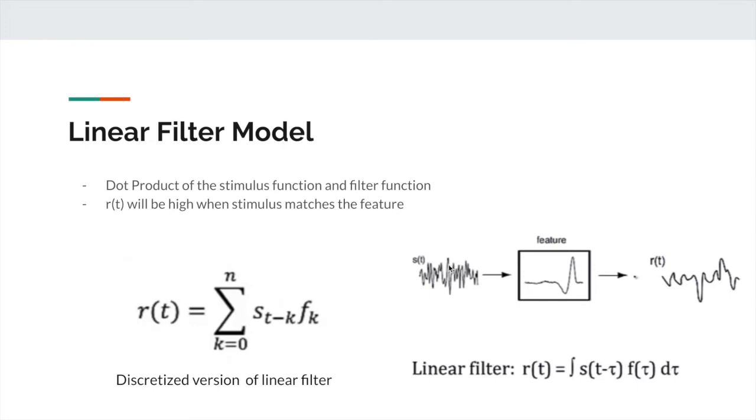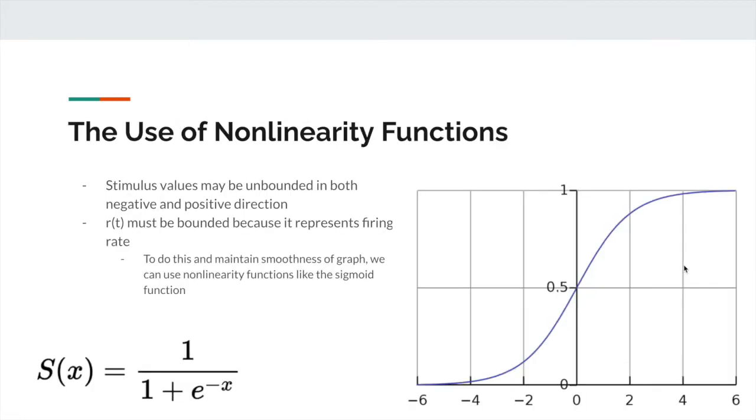If the stimulus value, maybe we're measuring the loudness of some sound, is very high, that does not correspond to a proportionally high value for R of t, because as we know, neurons don't adjust the intensity of each spike, right? The only way we can represent some high stimulus is by actually increasing the frequency of spikes. We do not ever modify the intensity of a single spike. And so the neural response function has to be bounded somehow.